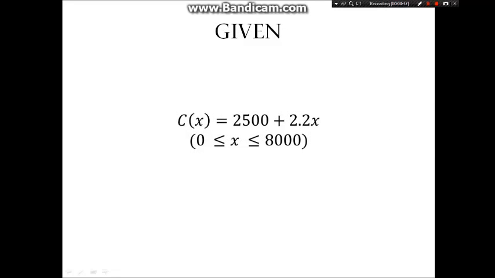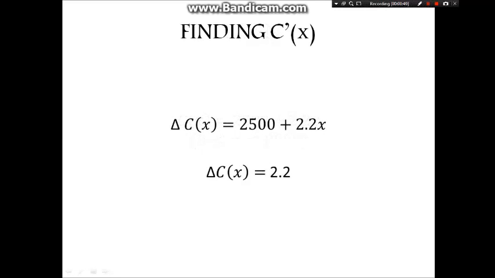So, the given is C of x equals 2,500 plus 2.2x, and x is greater than or equal to 0 and less than or equal to 8,000. Finding C prime of x. Given that 2,500 plus 2.2x is the C of x, we get the derivative, which is 2.2.